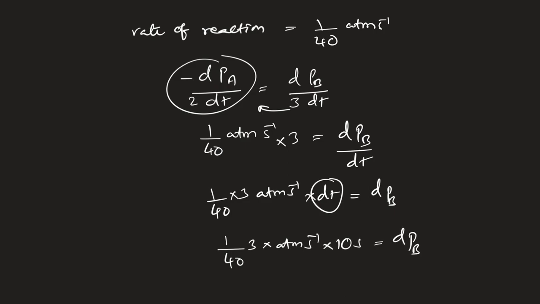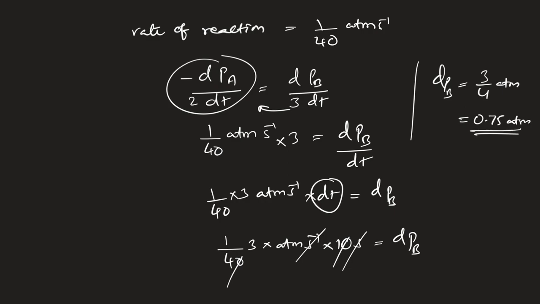Second inverse and second cancel, the zeros cancel, so we get 3 by 4. Therefore dPB is 3 by 4 atm, that is 0.75 atm. At the 10-second interval, the pressure of B is 0.75 atm.